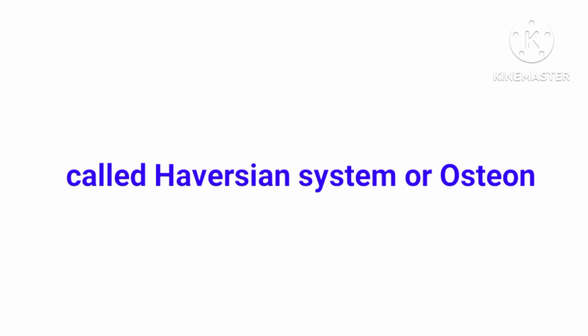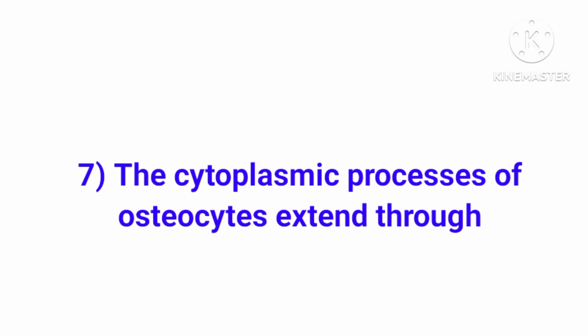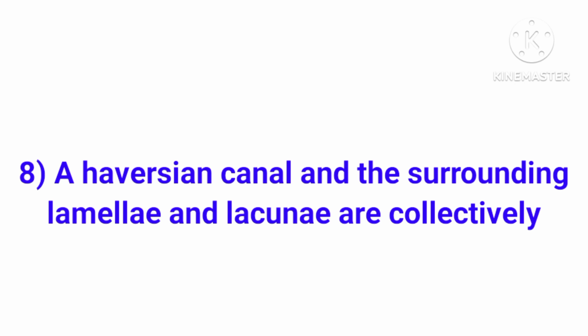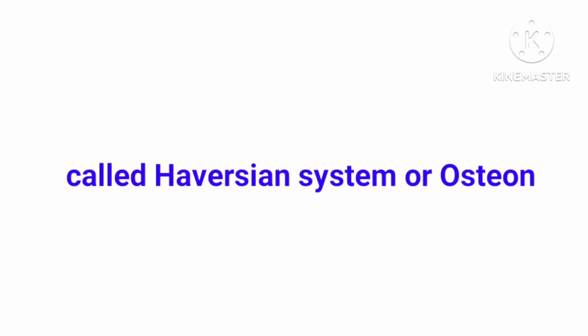Haversian system or osteon. The cytoplasmic processes of osteocytes extend through canaliculi. A Haversian canal and the surrounding lamellae and lacunae are collectively called Haversian system or osteon.